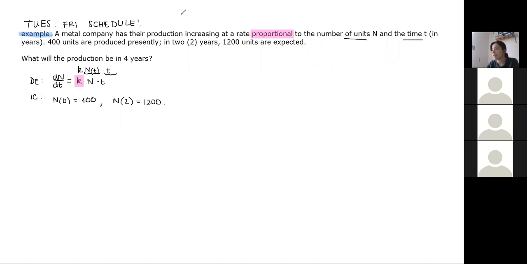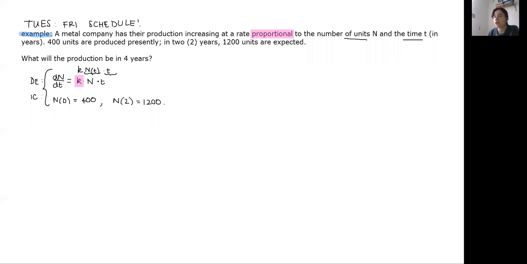Okay, so in that case, we're going to start by solving the differential equation, and then we're going to see if we can use our initial conditions to find what the specific value of k is. Okay, so here we go. The differential equation is dN/dt is equal to k times N times t.